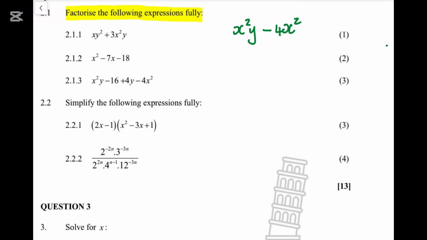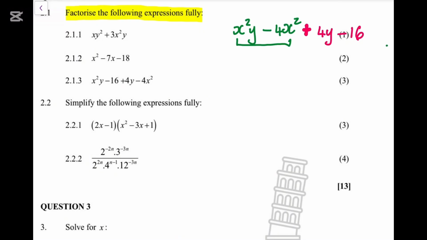And then plus, we can group a 4y. We can group that 4y with what? Negative 16.